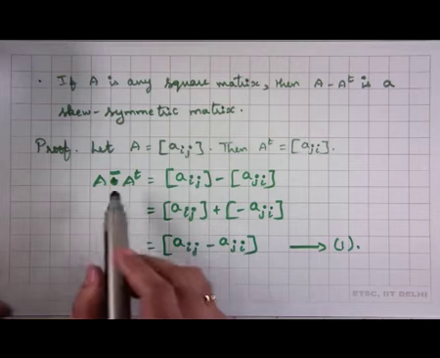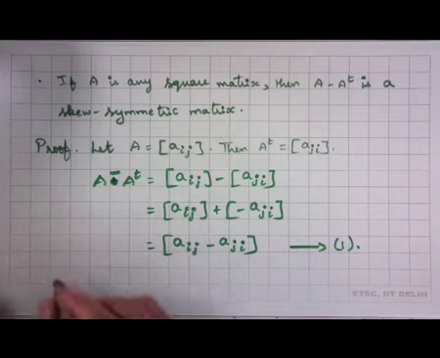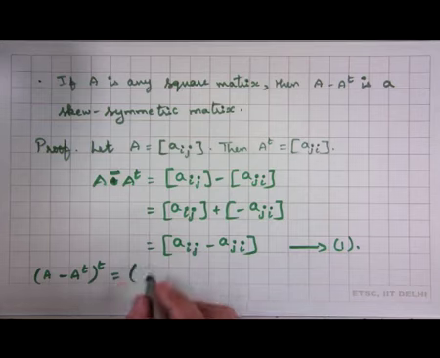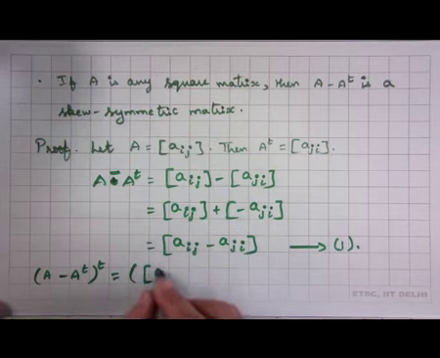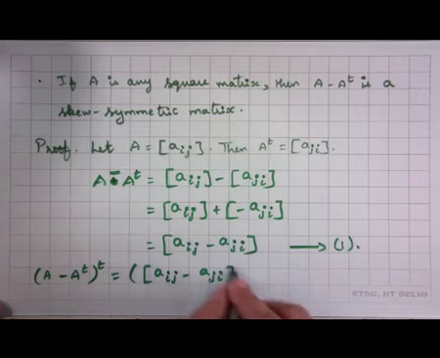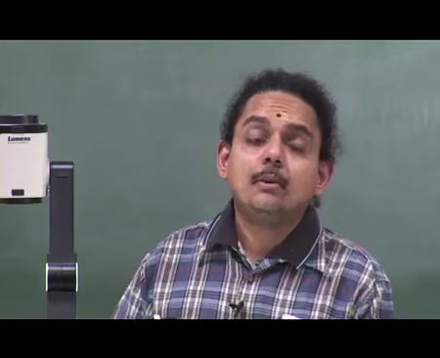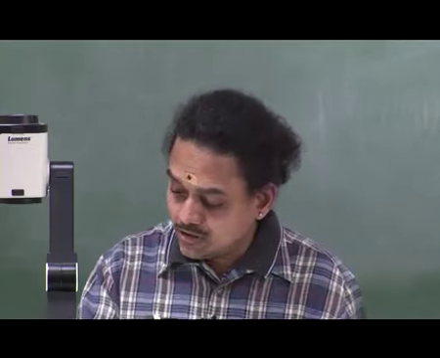I will have to look at the transpose of A minus A transpose, the whole transpose. It is the transpose of the matrix whose ijth entries are given by aij minus aji, whole transpose. Now, let us apply the definition of the transpose.